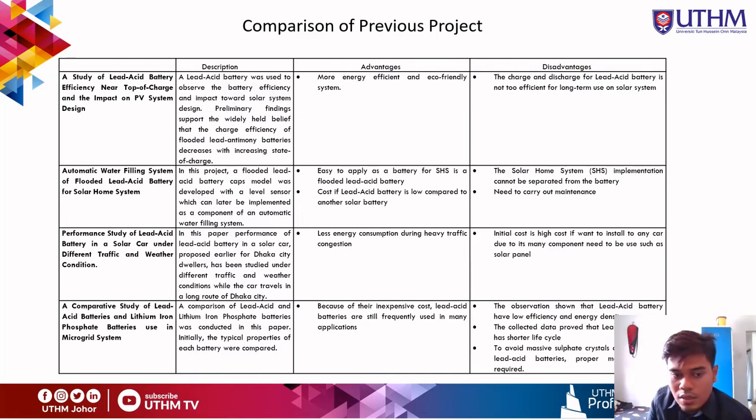It is because my partner and I are comparing the lead acid batteries and lithium iron phosphate, where I will analyze the lead acid batteries, and my partner will analyze the lithium iron phosphate batteries when connected to the solar system.